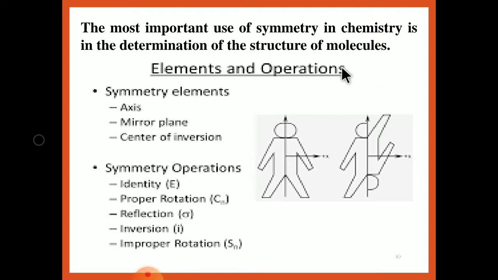Now we will see the elements and operations of symmetry. Symmetry elements are axis, mirror plane and center of inversion, and symmetry operations are identity E, proper rotation, reflection, inversion and improper rotation.